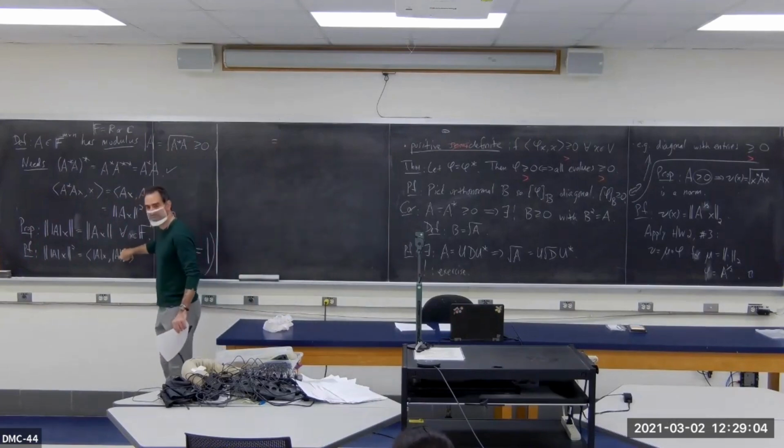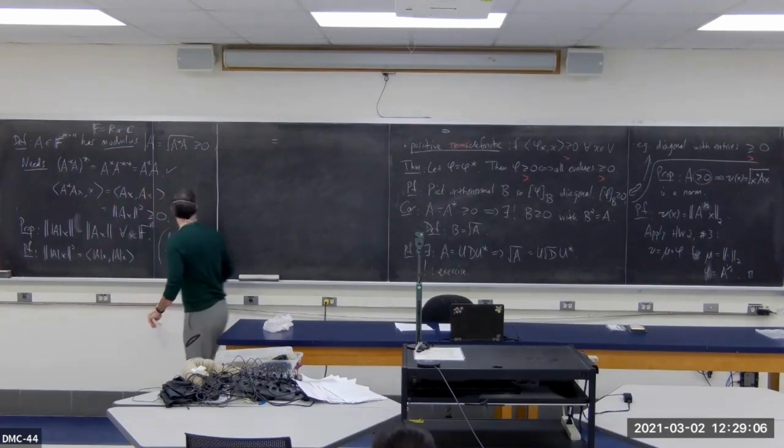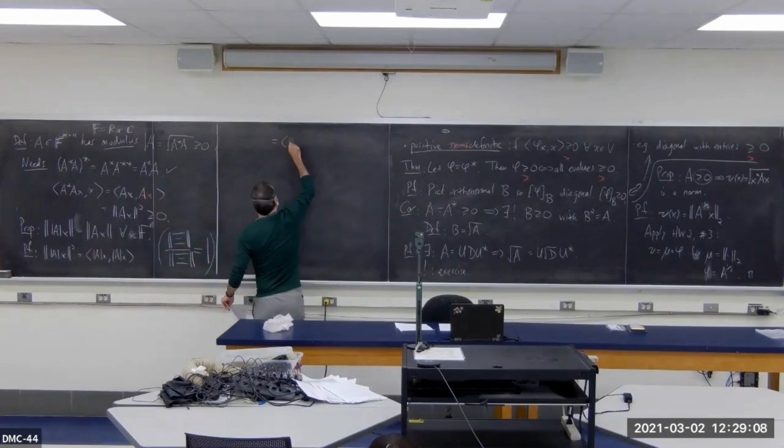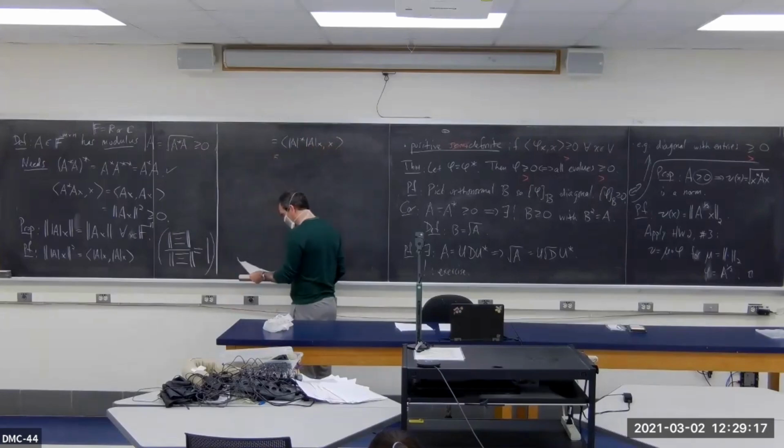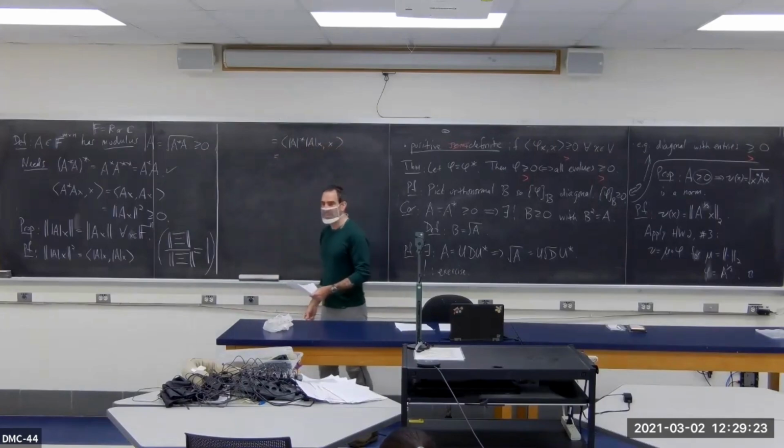You take the star of this one and put it on the other side. Modulus of A star, modulus of A X, X. But what can you tell me about modulus of A star times the modulus of A? What's the modulus of A star?